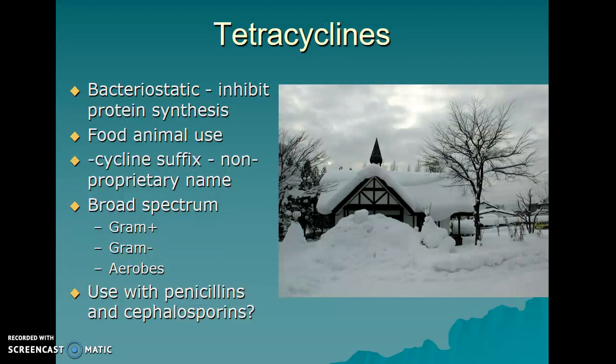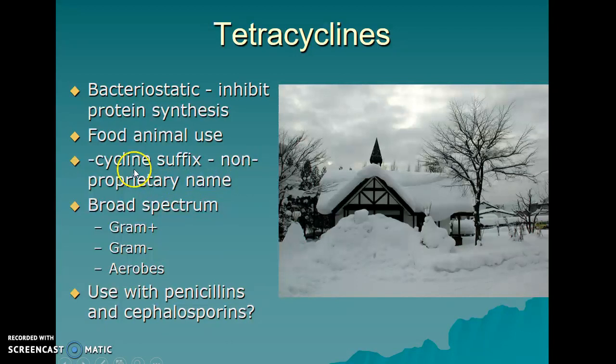So tetracyclines. Tetracyclines are a very commonly used group of antimicrobials in veterinary medicine. And they are a bacteriostatic group. So they act on ribosomes and protein synthesis, but they do so in a way that they don't immediately kill the bacteria. It just suppresses growth in the bacteria. So we use these a lot in food animals, but we do also have some small animal use for them.